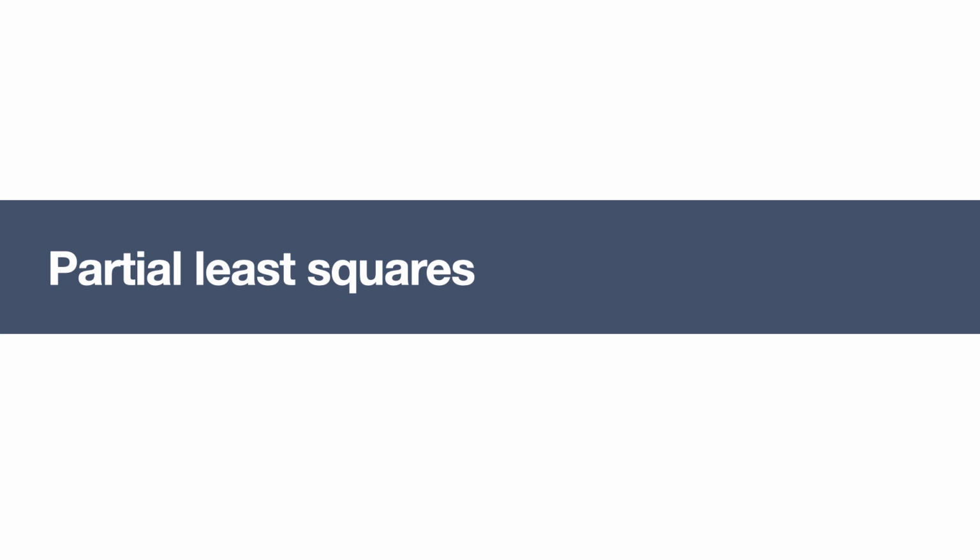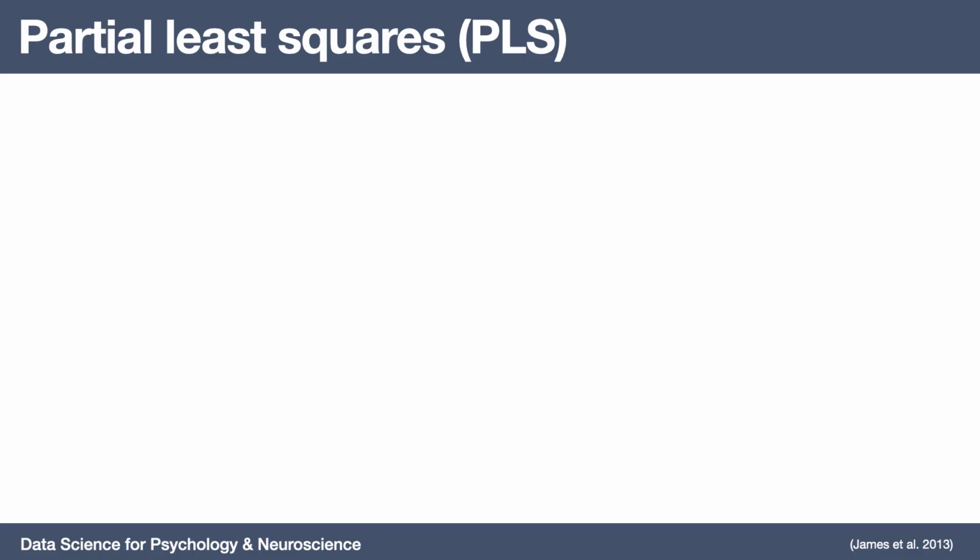To account for cases like that, there's a method known as partial least squares. Partial least squares, or PLS, is just a slightly different flavor of principal component regression.